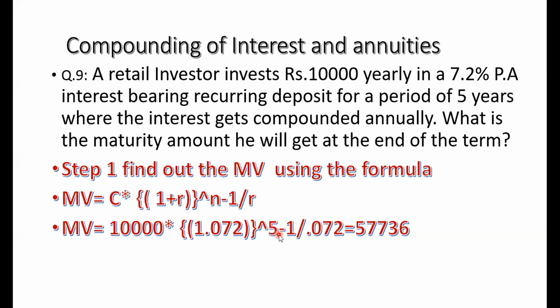Divide 4,157.087 by 0.072, and you will get 57,737. I am getting 57,737.